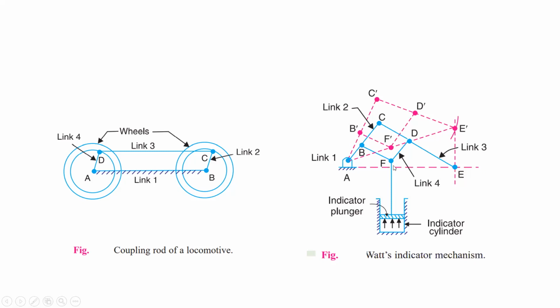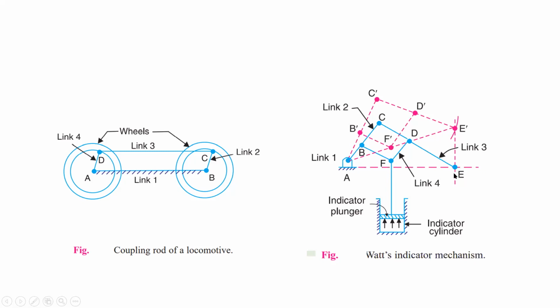Because of that, point F will go upward, and the point E will copy the motion of point F. Okay, a similar mechanism is also there, which is called as pantograph. Where we will prove that the point E will copy the path of F, as point F is moving in a straight line.